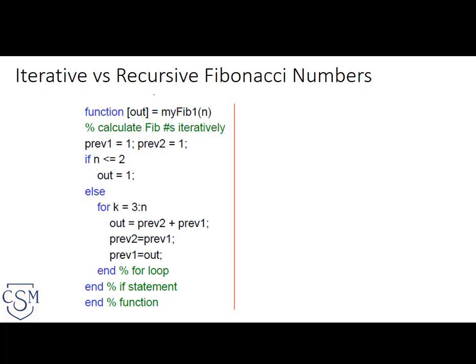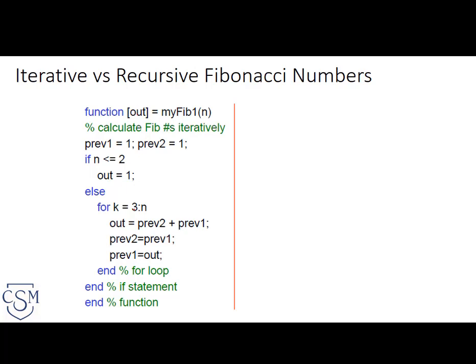So let's think about how we could code this iteratively first and then recursively. The iterative function could accomplish this with a for loop, where we have the previous 1 and the previous 2. This is sort of the base case. Iteratively, if n is less than or equal to 2, we know the first 2 Fibonacci numbers are just 1, so we could just return 1.